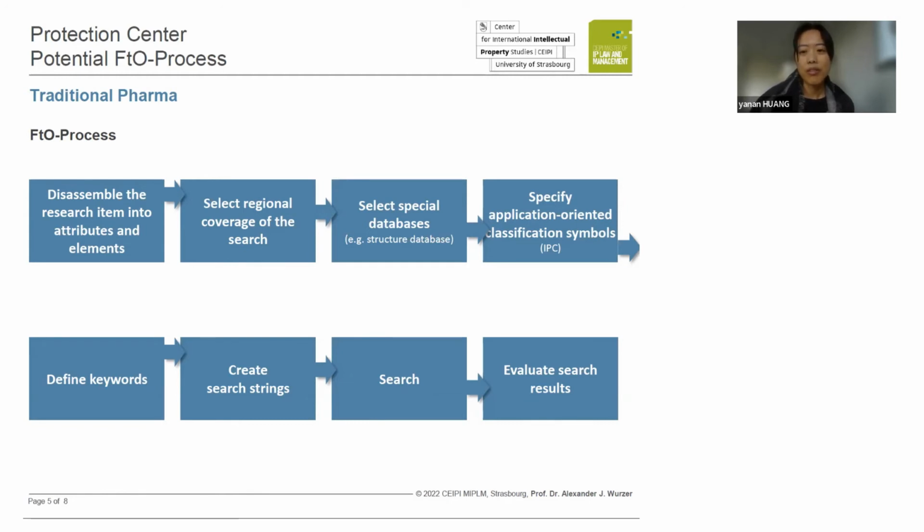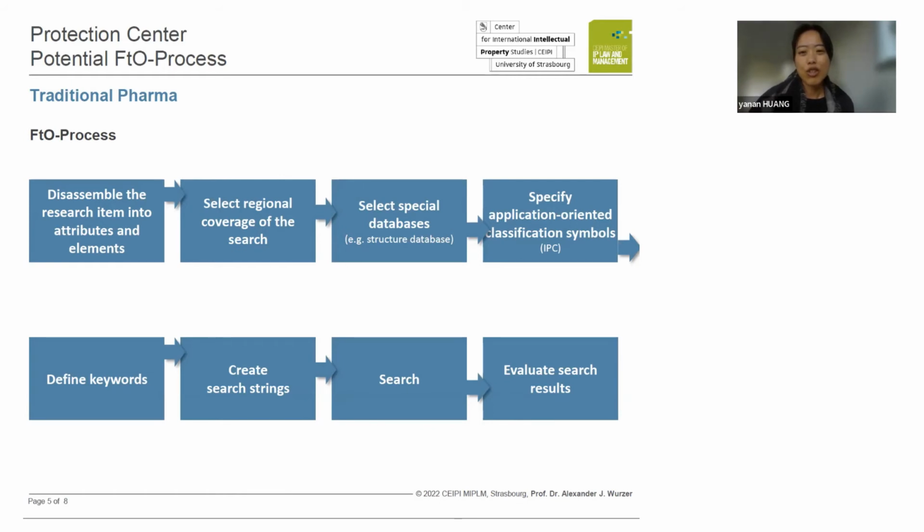These keywords could be found in either contributors or elements, like key pharmaceutical ingredients, ratios, or unique pharmaceutical processes. And then we could create search strings using different logic to combine words in order to find more relevant documents.